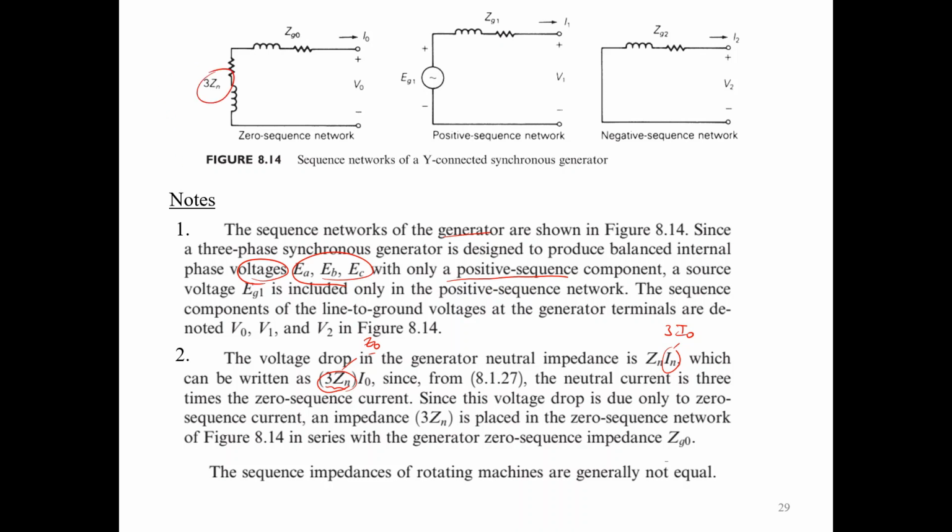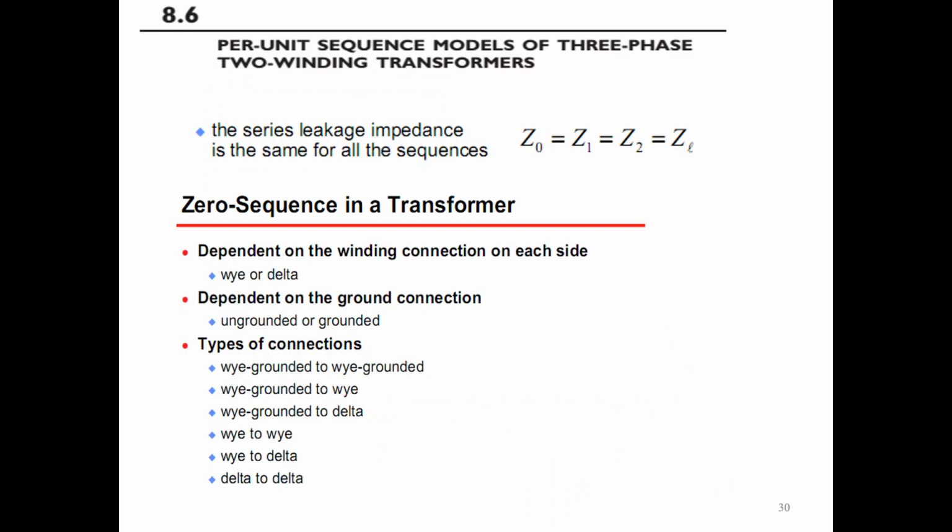This is already explained, and the sequence impedances of the rotating machine are generally not equal. This is what we discussed in the first lecture. All right, now we have the sequence model of the two winding transformer.